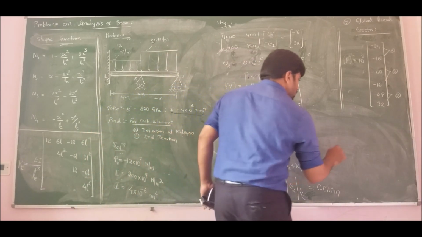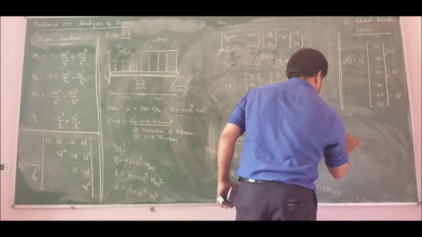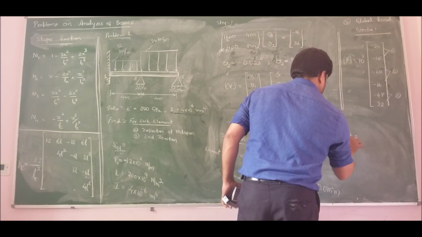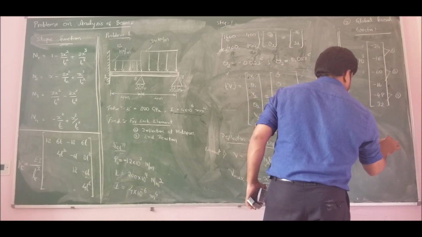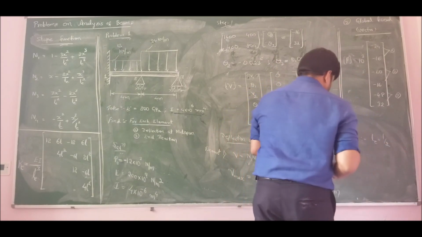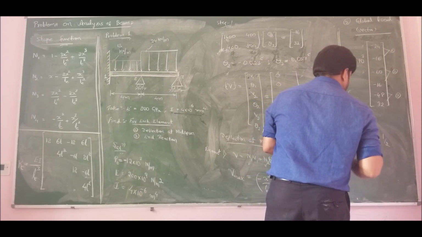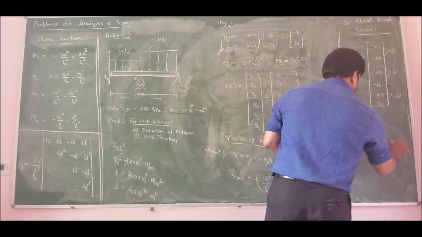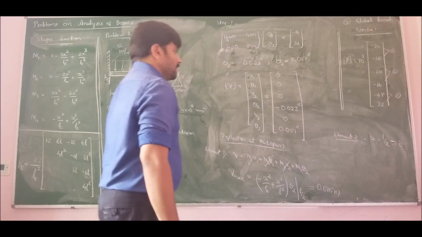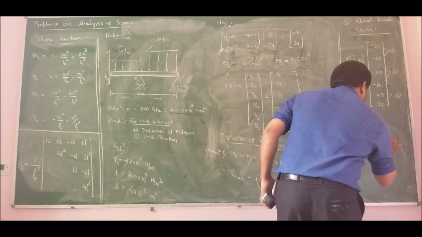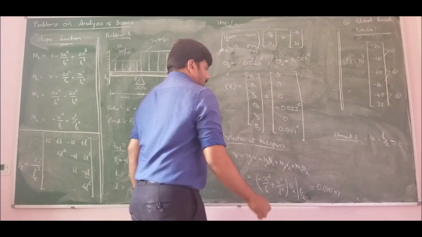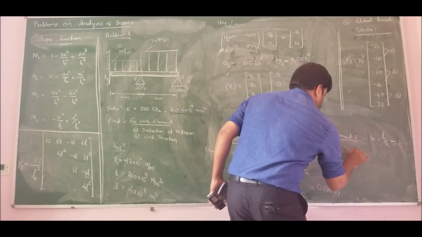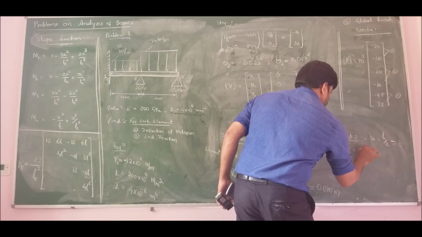If I do it for element 2, I should compute it at midspan, so that is x is equal to L by 2. So for element 2 also, L is equal to 4, so I will get the value as 2 at midspan. This is the length of the element, half at midspan. So for element 2, I will get V is equal to N1.